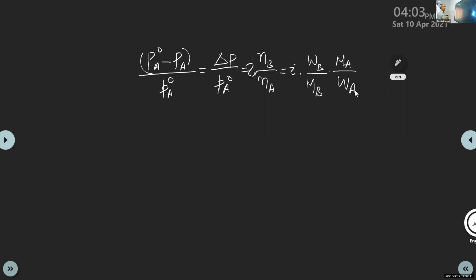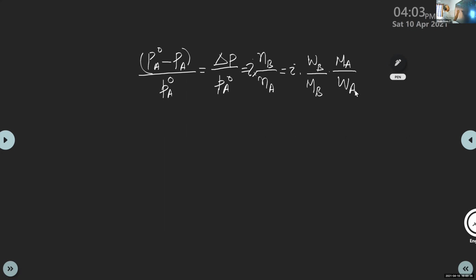So a correction factor is applied: I into NB by NA, or I into WB by MB into MA by WA. So in the normal equation, the right hand side is multiplied by I if there is an abnormality.